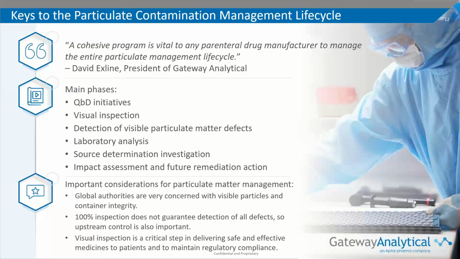Set things up so we're not responsive all the time at the end, that we're much more proactive about understanding the things that are going into our product, into our processes, so that there's not a lot of surprises at the end. A good, strong visual inspection program to be looking and finding things that aren't supposed to be there, right? Detection of particulate matter defects.